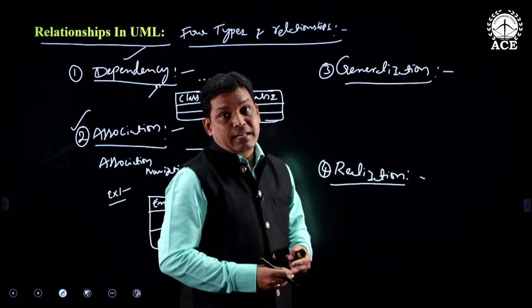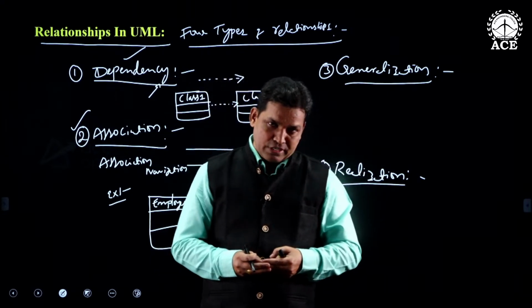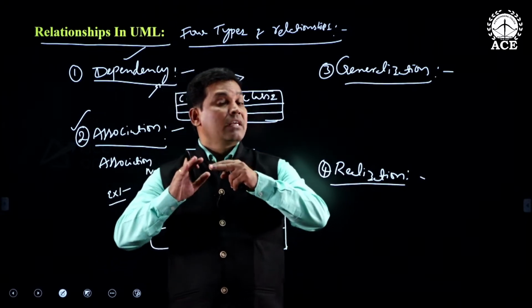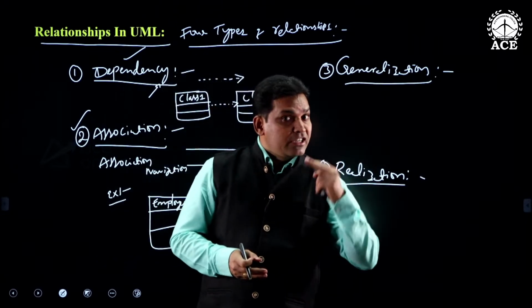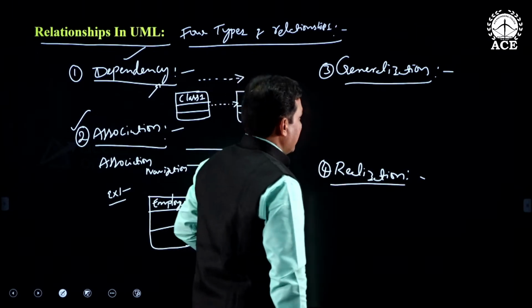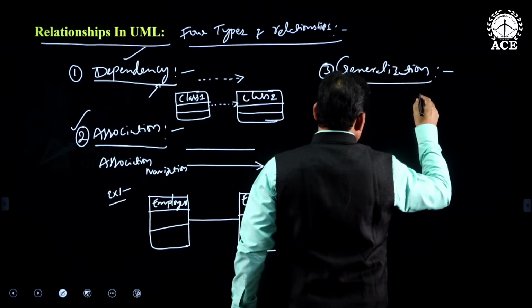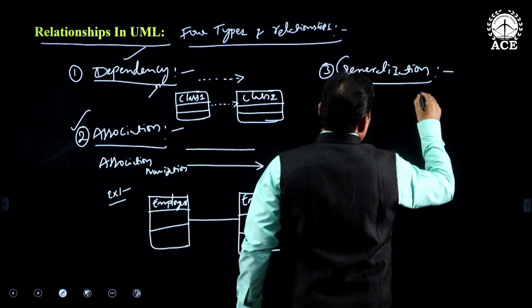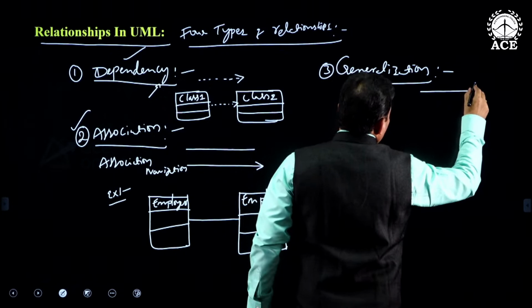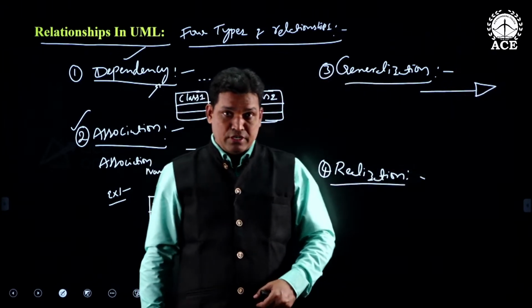If you want to model the inheritance concept while modeling an object-oriented software system, that is, parent and child classes, only then you use generalization. What is the graphical representation of generalization in UML? This is the graphical representation of generalization in UML.